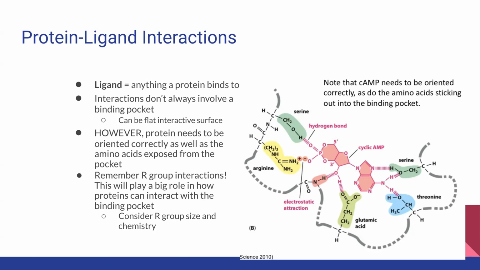And then you want your substrate to be able to fit in there, physically, structurally, in terms of size, but also in terms of chemistry. Like in this picture that we see, think about what types of bonds are being formed, think about the properties of each amino acid and what types of bonds they're available to make. Remember the properties of your R groups and what types of bonds they'll make.